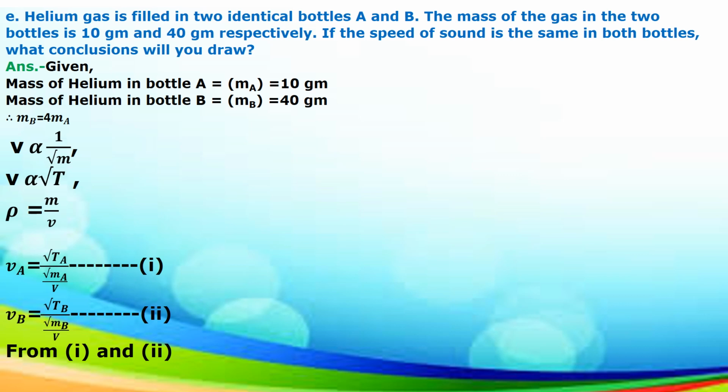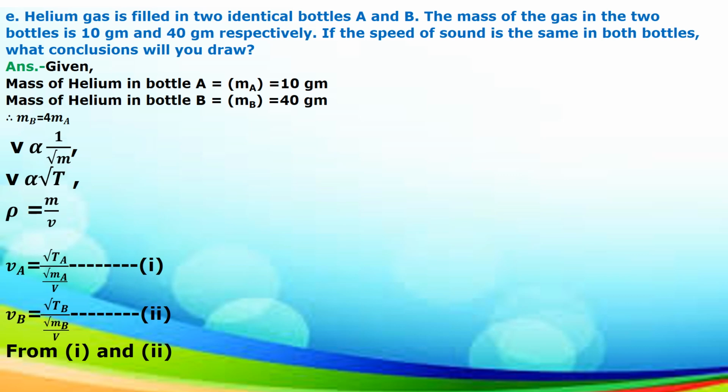VA is equal to square root of TA upon square root of MA upon V, that is mass upon volume. This is equation number 1. And VB is equal to square root of TB upon square root of MB upon V. This is equation number 2.